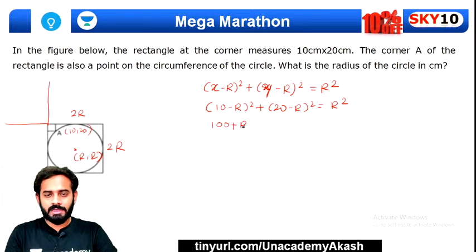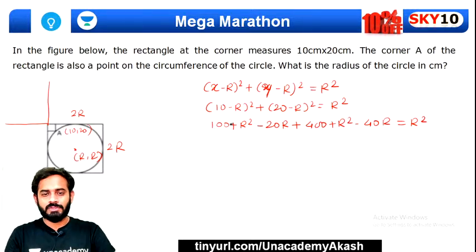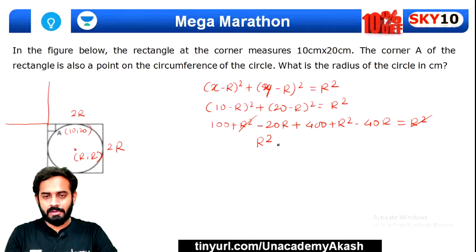What will you get? 100 plus r square minus 20r plus 400 plus r square minus 40r is equal to r square, right? So one r square gets cancelled. So the quadratic equation which you will get is r square minus 60r plus 500 is equal to 0.